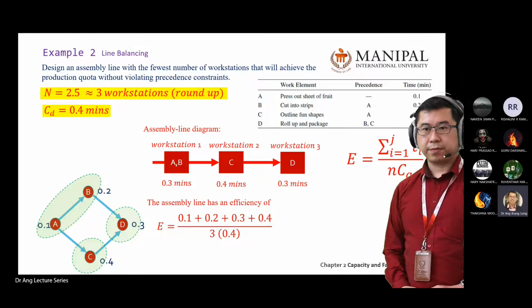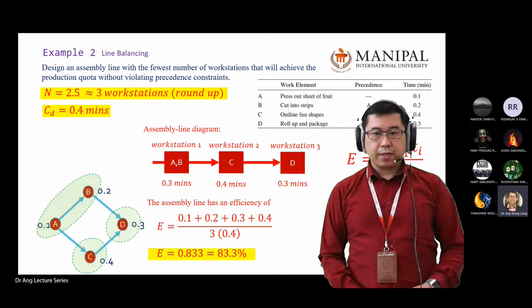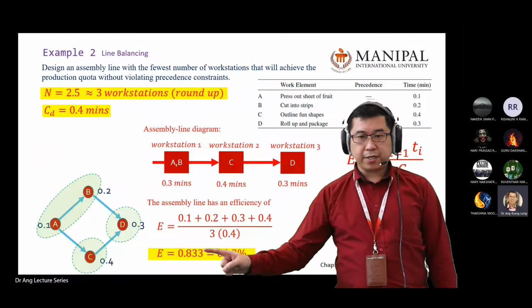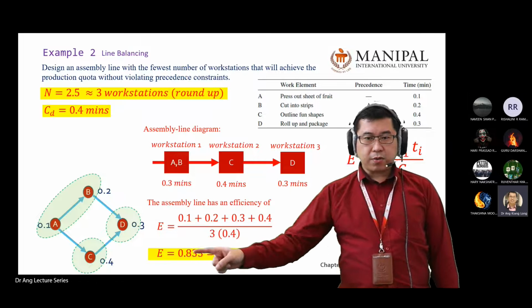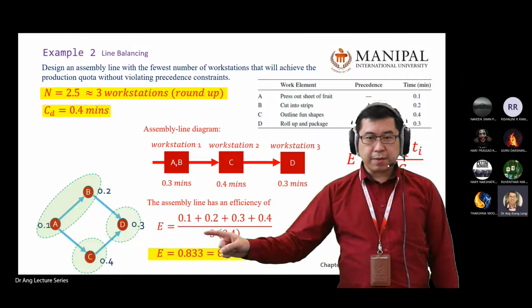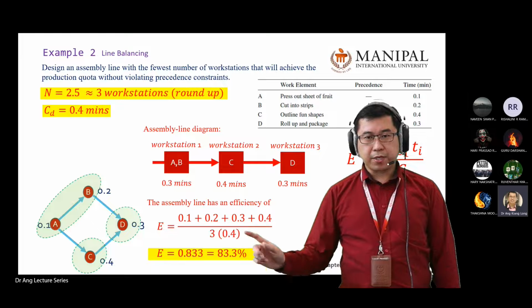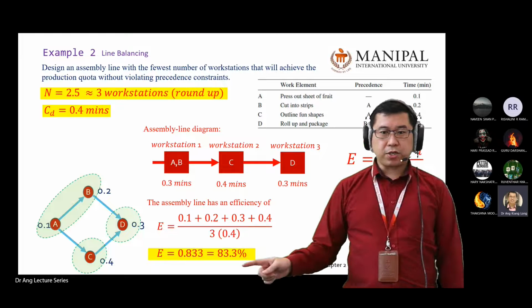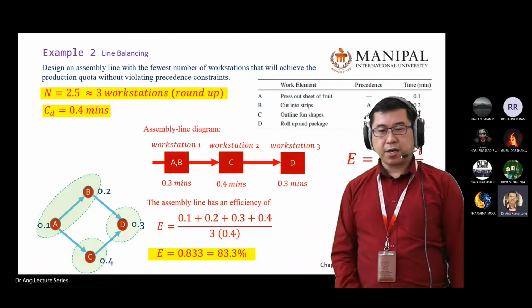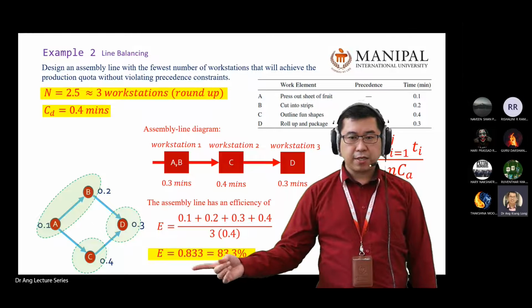Good. Then you get a decimal. E equals 0.833 is in decimal, but you can put it as a percentage, depending on the question. The question may ask you to calculate efficiency in percentage or in decimal.